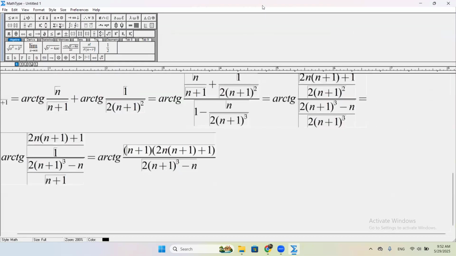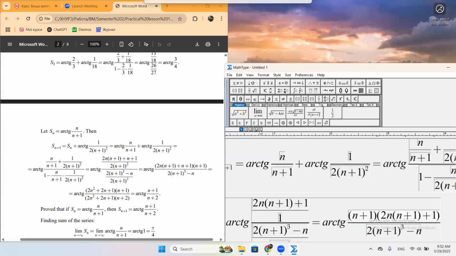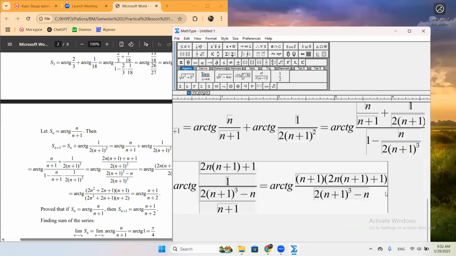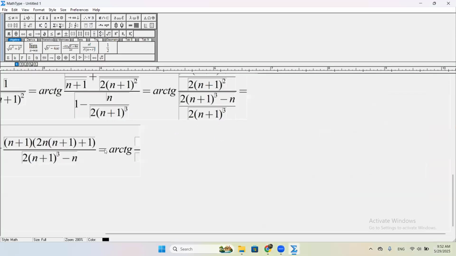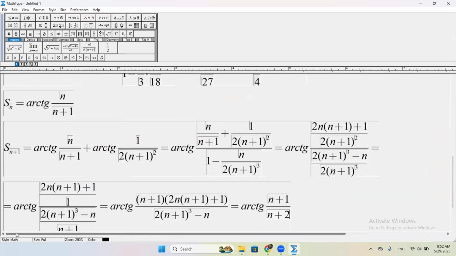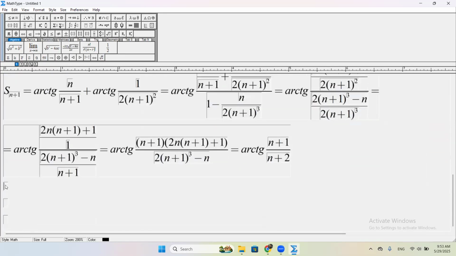And finally, after the whole transformations, we will receive arctangents of n plus 1 over n plus 2. So it means that the formula for Sn is correct. So this is the partial sum.